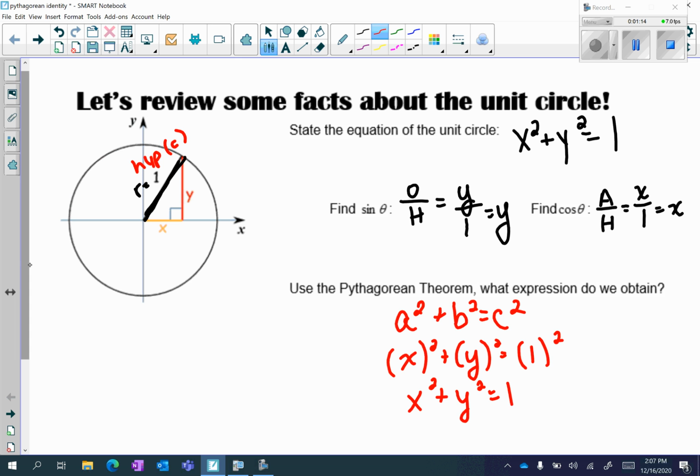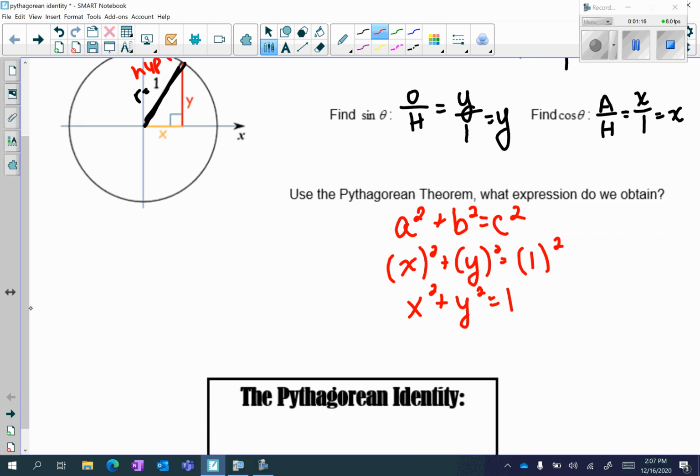But I know that x and y are cosine and sine. So this is really cosine theta squared plus sine theta squared equals 1. And this is our Pythagorean identity.